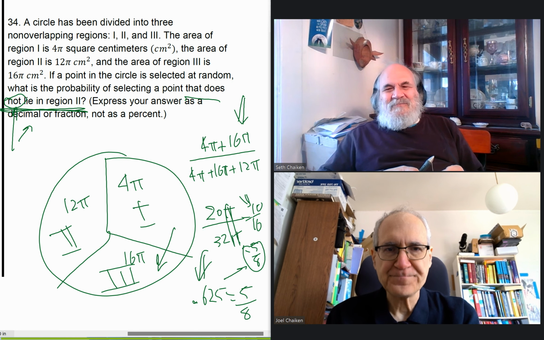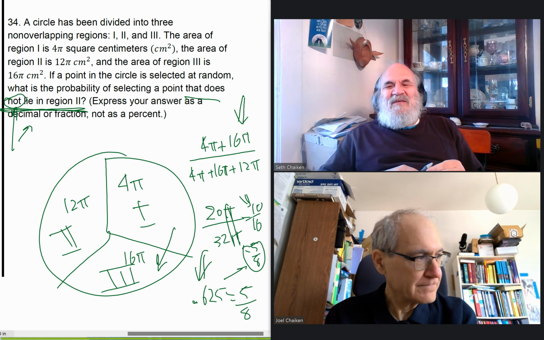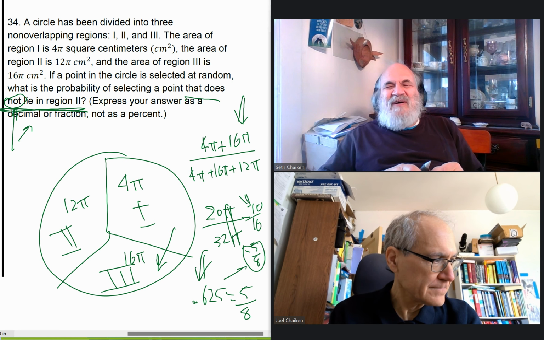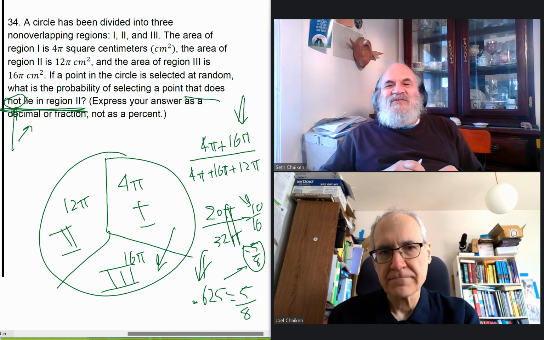So the probability of picking an element in one of the finite subsets is proportional to the number of elements in it.